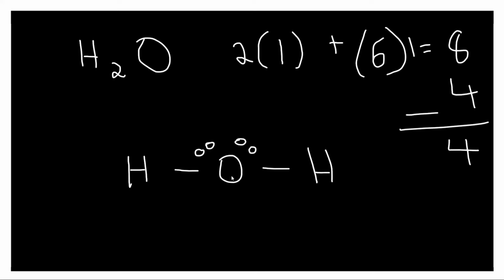Now the oxygen fulfills the octet rule, and the hydrogens are still in the duet rule. This, of course, can influence the geometry and the shape of this molecule. However, that has to do with geometry and VSEPR, and we're not getting into that right now.